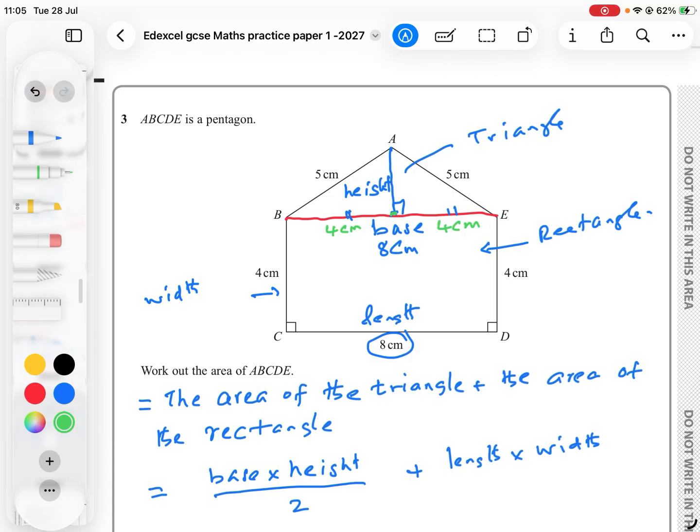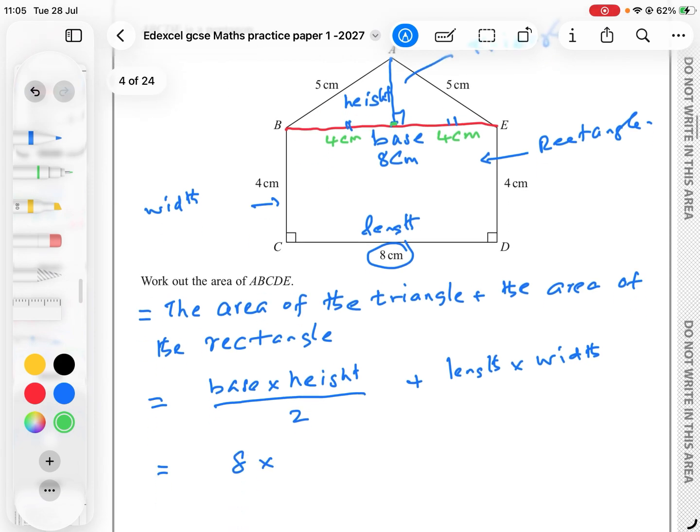So to work out the height, you need to use Pythagoras theorem. So first work out the height.